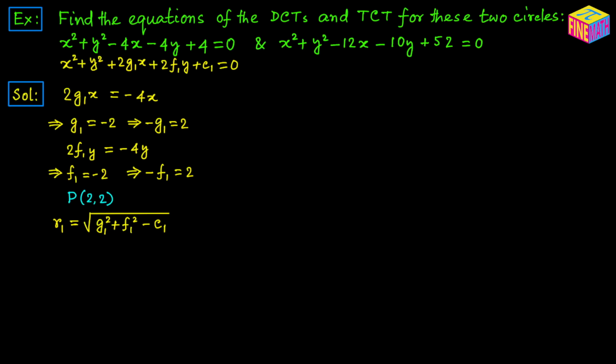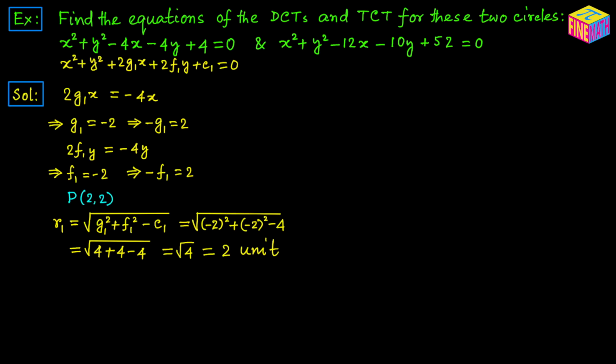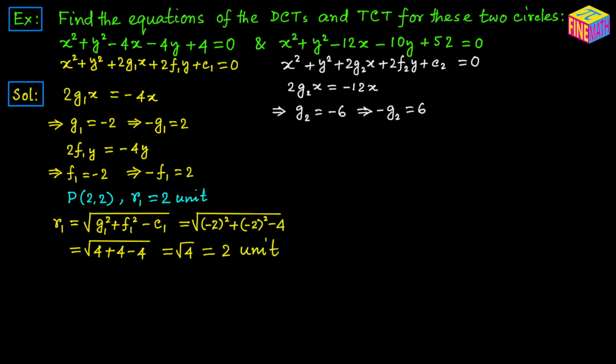Now what is the radius of the first circle? Let's assume that to be r1 and calculate it real quick. If we simply plug in the values of g1, f1 and c1, the radius of the first circle turns out to be 2 units. Similarly, let's compare the second equation with the general form of the equation of a circle. From there, we get g2 equal to negative 6 and negative g2 equal to positive 6.